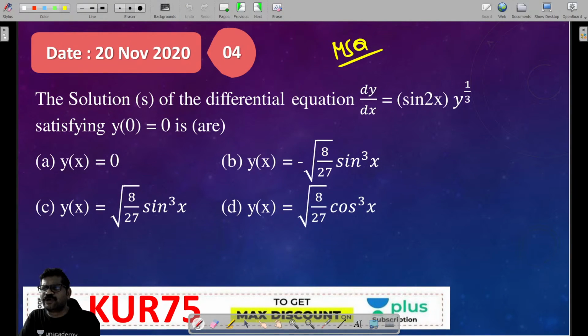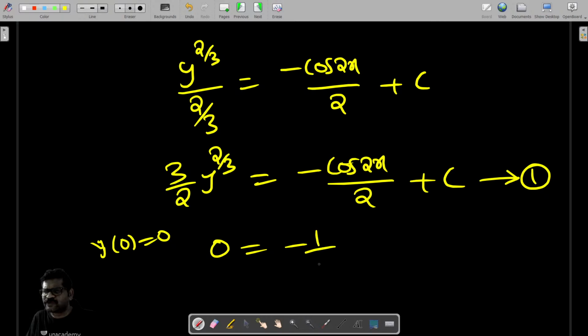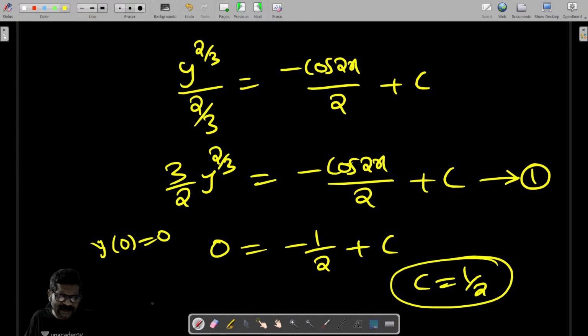y of 0 equal to 0, that is the boundary condition. If you apply the boundary condition y of 0 equal to 0 here, you will get 0 equal to minus 1 by 2 plus c. Therefore c equal to 1 by 2. The value of c is 1 by 2.